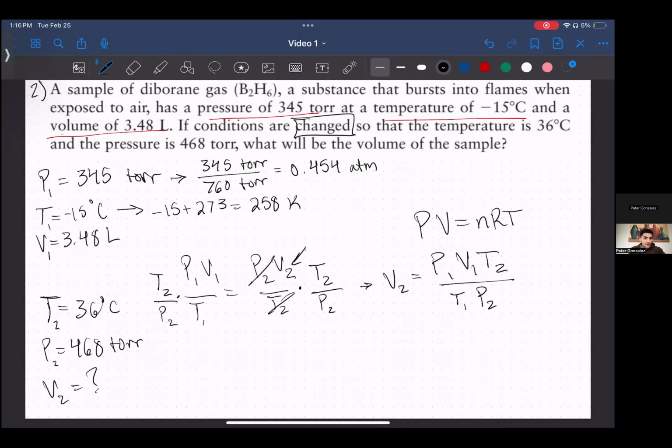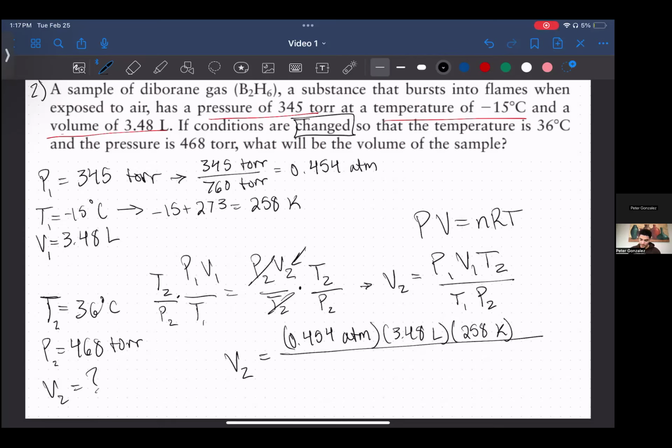Just gonna fix that. Okay, there we go. So if we do that, we find that V2 should be equal to 0.454 atm times 3.48 liters times 258 Kelvin.